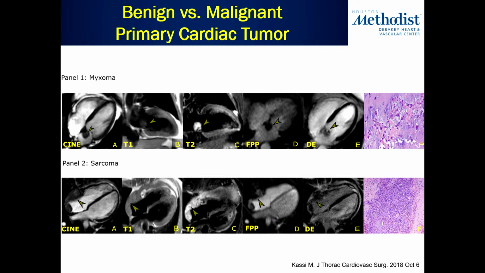But on the delayed hyperenhancement images, both took up contrast, again the myxoma less than the sarcoma. So by CMR, both are very suggestive of a tumor, and especially the second one would be very concerning for a malignant tumor because of some of the other features that we spoke about.